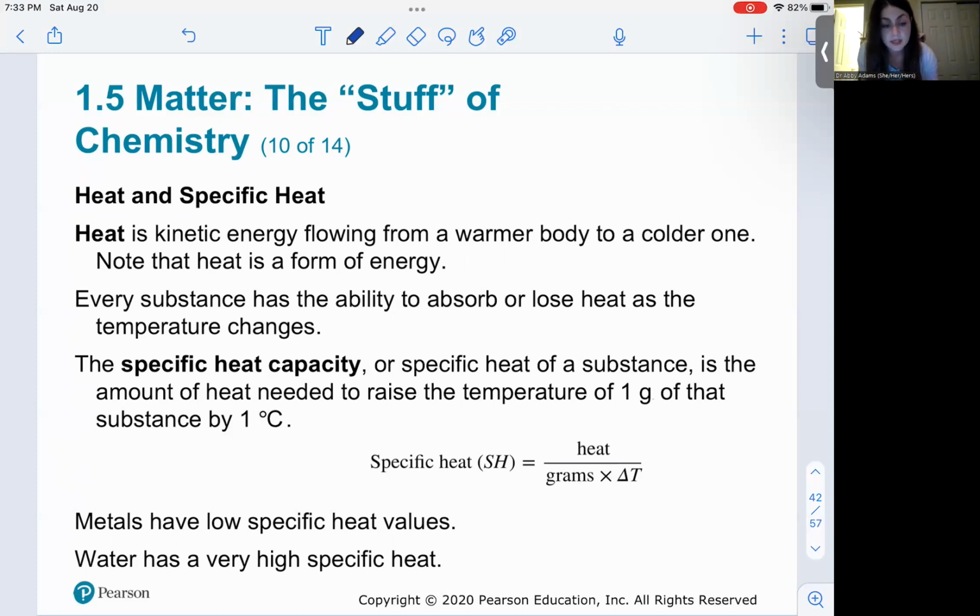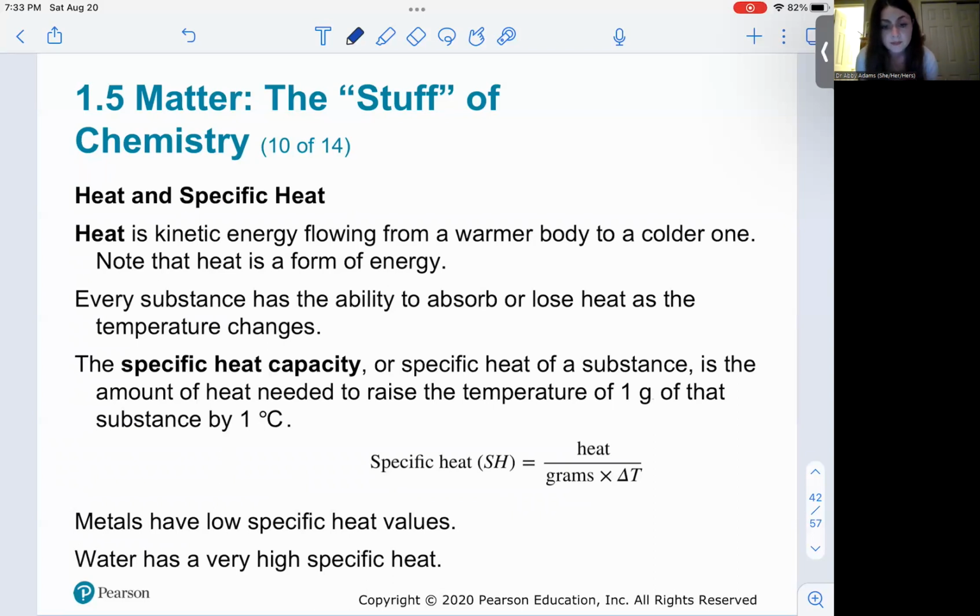You see that taking place, and every substance has the ability to absorb or lose heat. Just as when you're getting into a cold car, you are the warmer body. When you get into a car, you feel colder at first. You're transferring heat into the car, okay, on a cold winter's day.